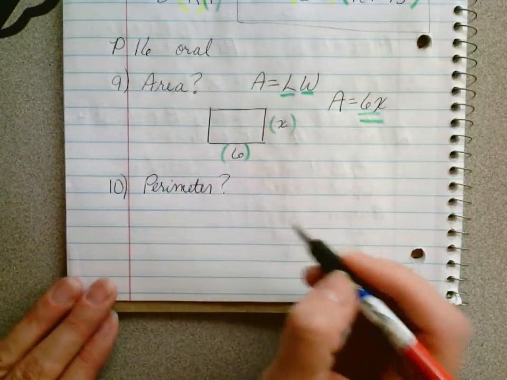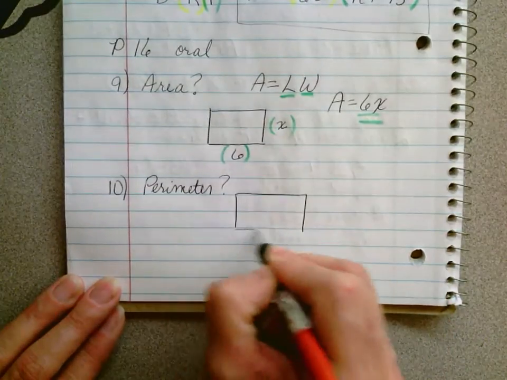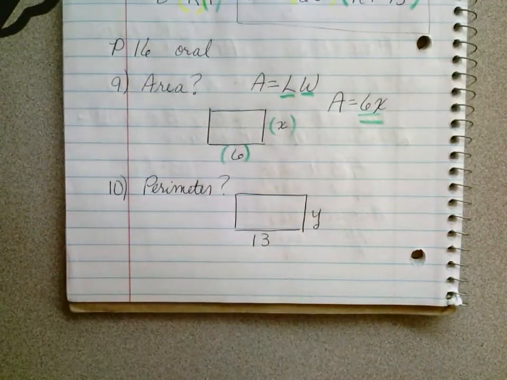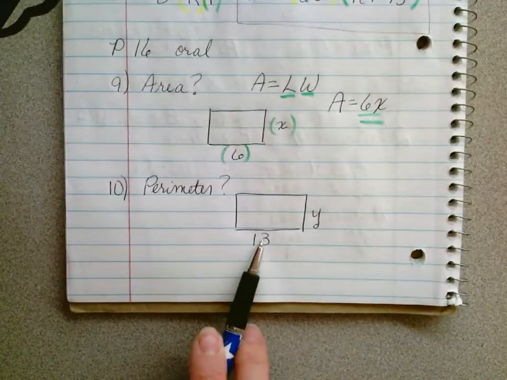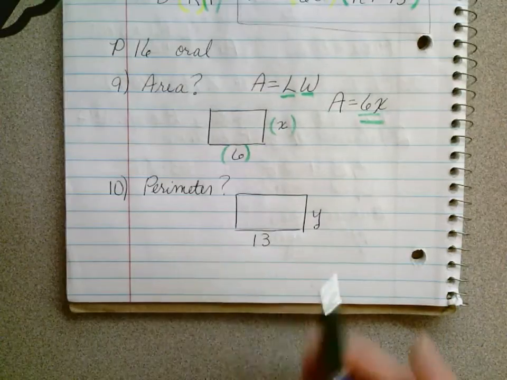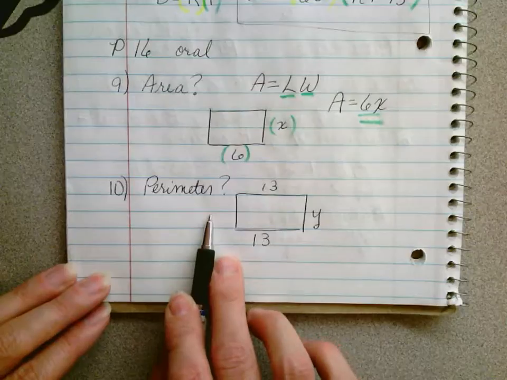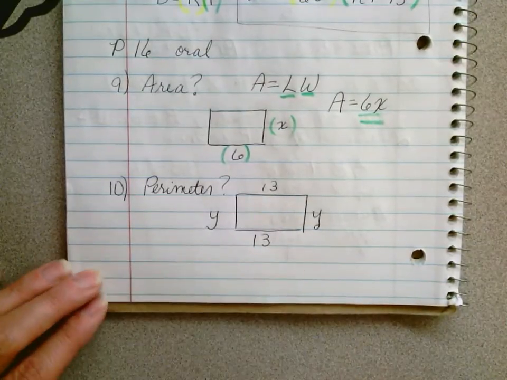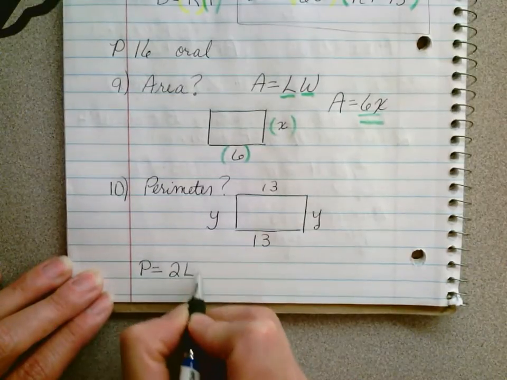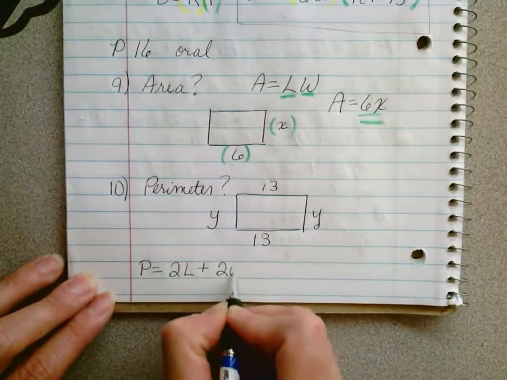It's asking for perimeter, and it specifies it has a width of y and a length of 13. If this one's 13, what is its neighbor across the side, Lee? And if the right side is y, what is the left side, class? All right, let's add all the sides together because perimeter is equal to length plus length, added to width plus width.